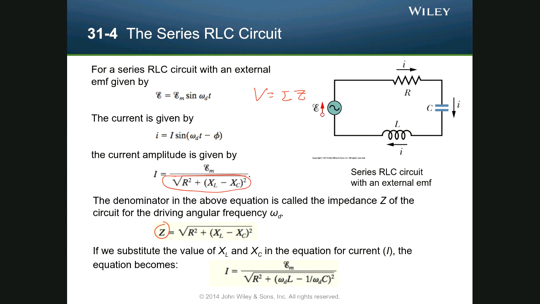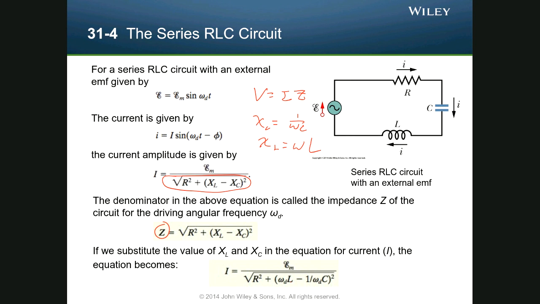Remember that the capacitive reactance is equal to 1 over omega C, and the inductive reactance is equal to omega driven times L.